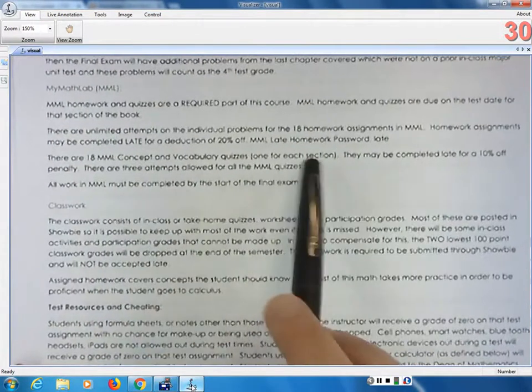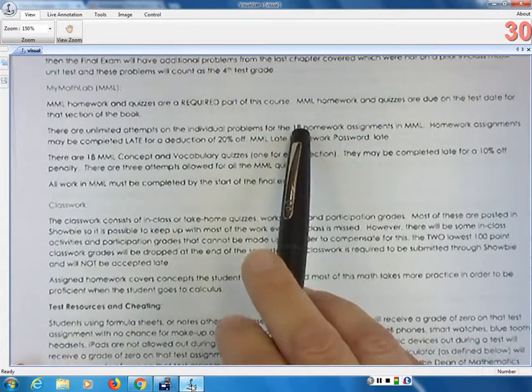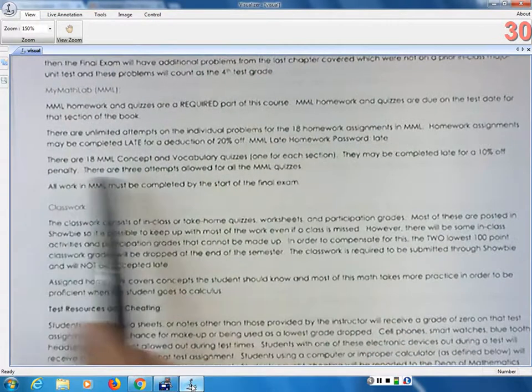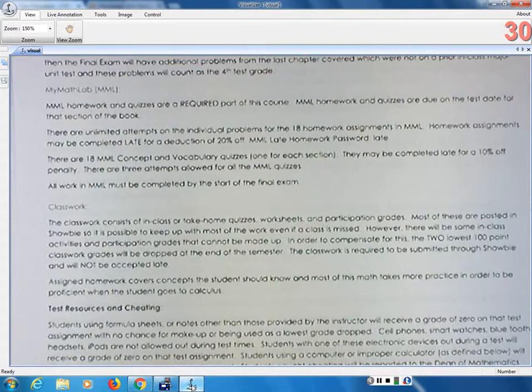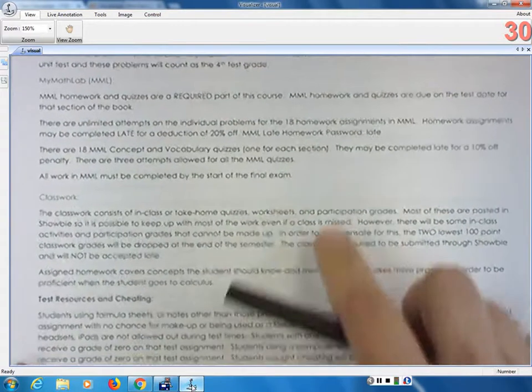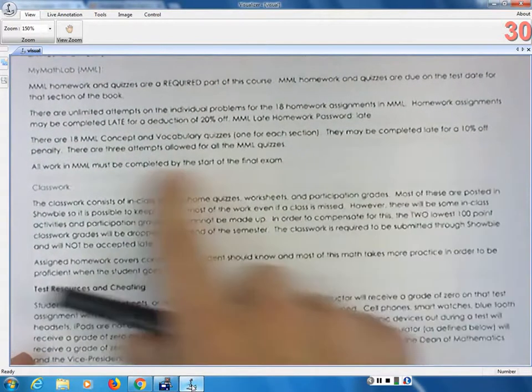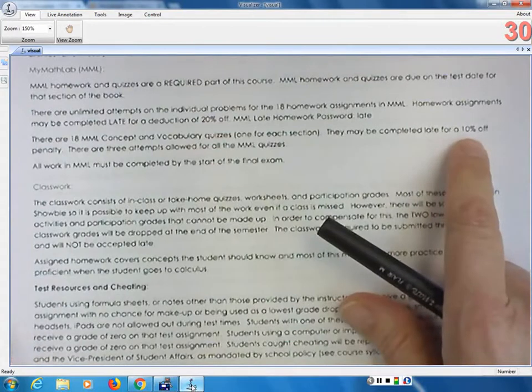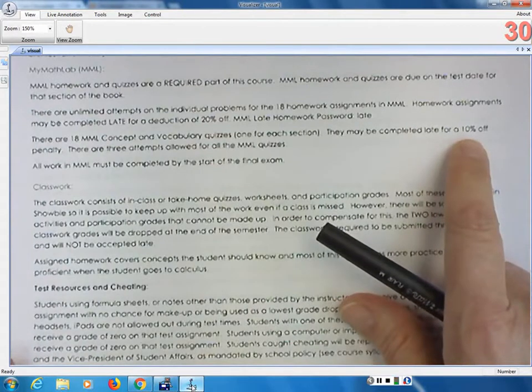There are 18 homework assignments, because that's the number of sections we have basically, and 18 concept and vocabulary quizzes. The concept and vocabulary quizzes can be completed late for a 10% off penalty, and there's no password.